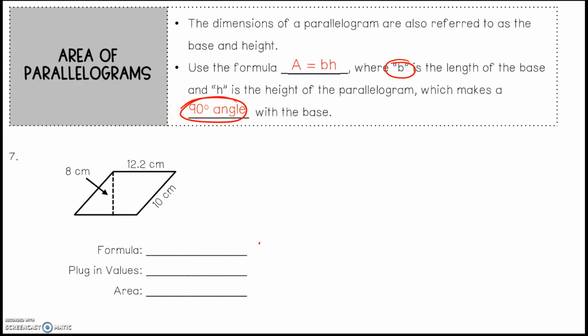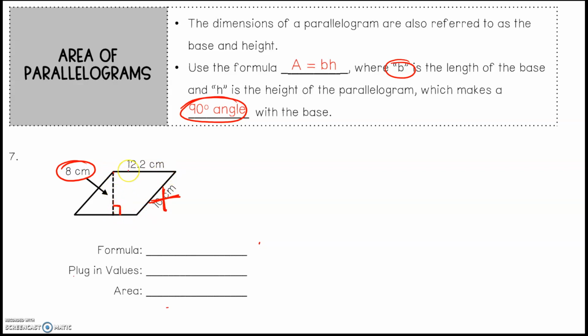So the trick on this is you do not use these slanted sides. We would never use that number. We have to use this number that goes straight up and down and makes a 90-degree angle, a right angle. So I would use the 8 centimeters, never this 10 centimeters on that slanted side. It's got to be a vertical, straight up and down line.